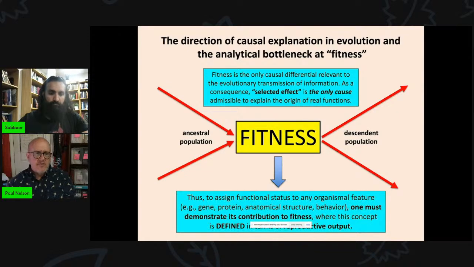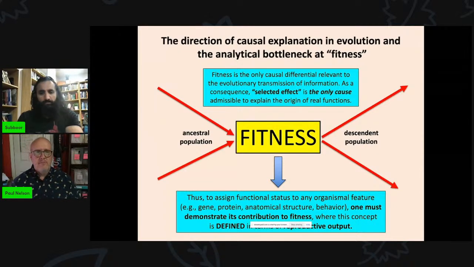As a consequence, if fitness is the only thing that is real with respect to reproductive outcomes, to assign function to an organismal feature, whether that's a gene or a protein or an anatomical structure or a behavior, it doesn't matter, you must be able to demonstrate its contribution to fitness, where that concept is defined in terms of reproductive output. This analytical bottleneck ends up being highly problematic.